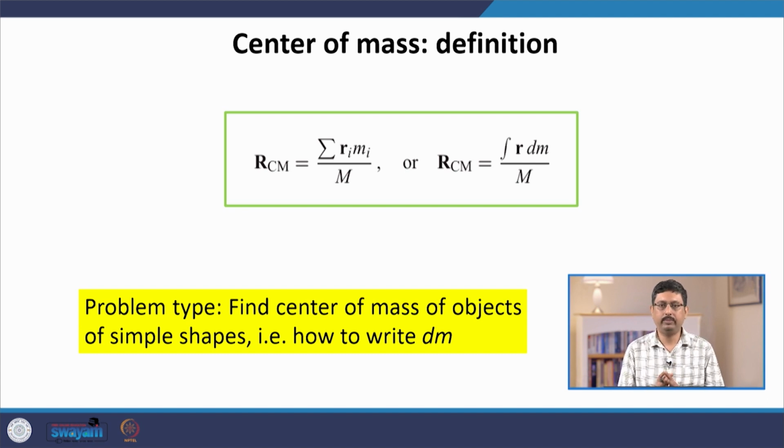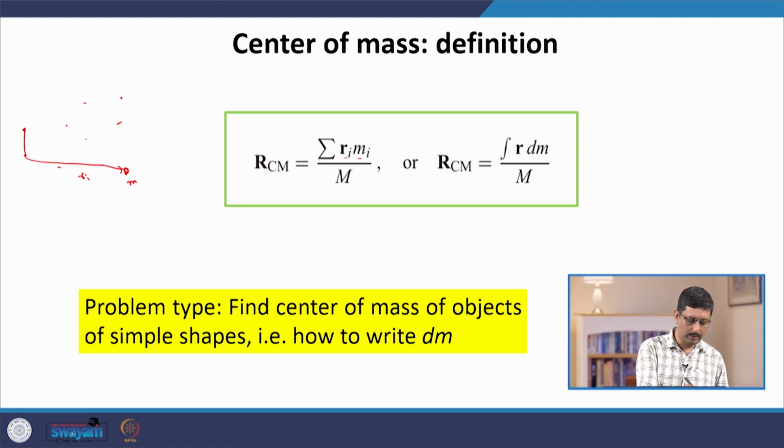If you have a collection of point masses, where each point mass has a mass m_i and, with respect to some arbitrary origin, is located at position r_i, then the center of mass is given by the sum of the masses weighted by their locations. The numerator is the vector m_i times r_i, where r is a vector, divided by the total mass of the system of point particles. That gives you the location of the center of mass.